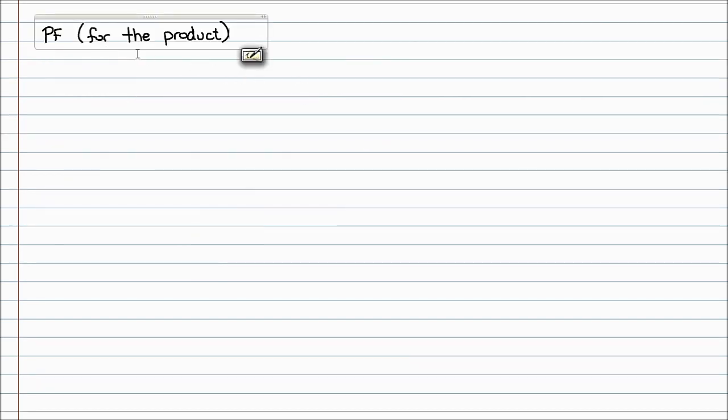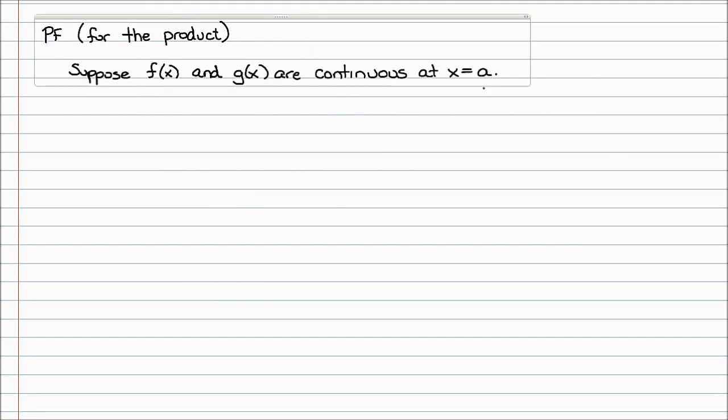So let's begin the proof here. We'll do the proof for the product as I mentioned earlier. First thing we have to remember is that we are given that f and g are continuous at x equals a. So we suppose, and that's how you start every proof, with what you're given: suppose f of x and g of x are continuous at x equals a. Now if this is the case, then we know first of all that their limits exist.